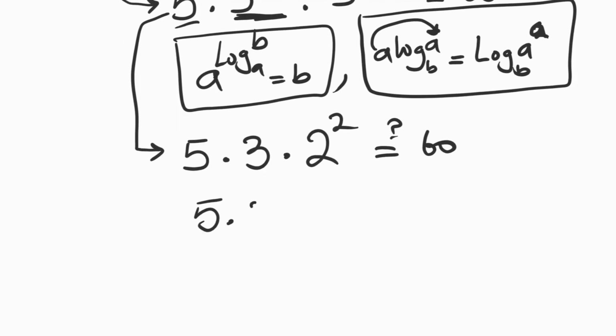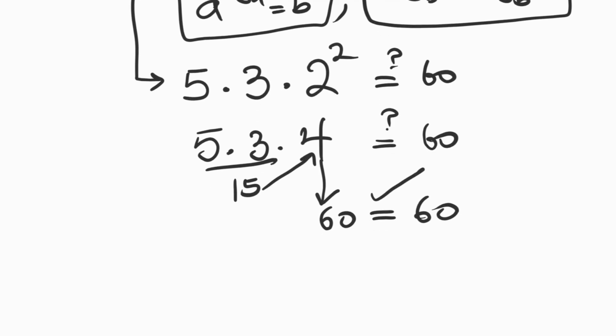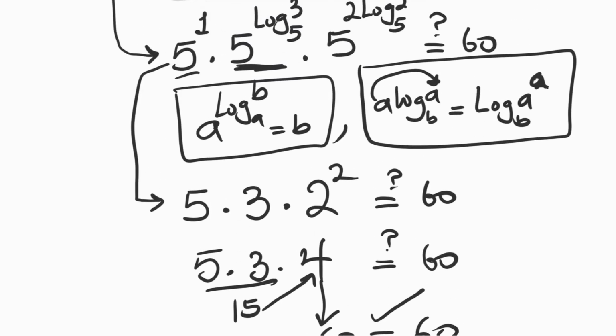So what we have is 5 times 3 times 4. 5 times 3 is 15. 15 times 4 will give us 60. And this is exactly what we have on the right hand side.